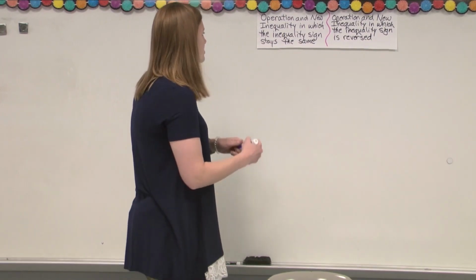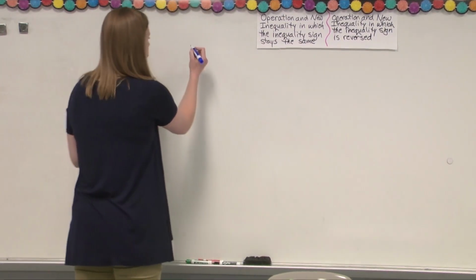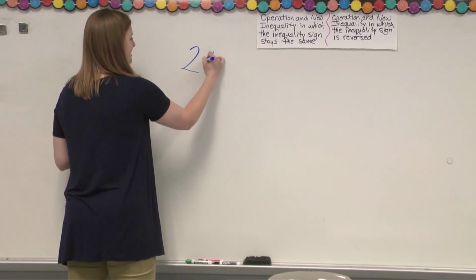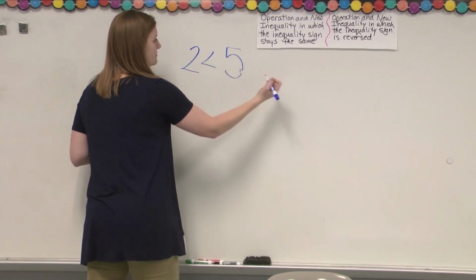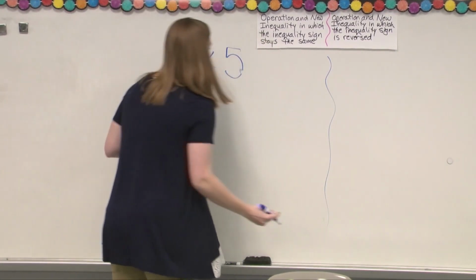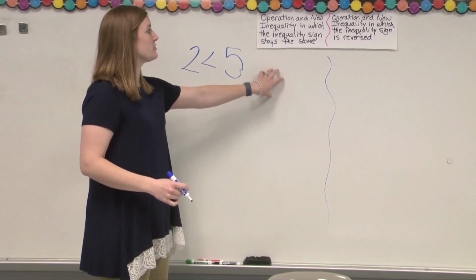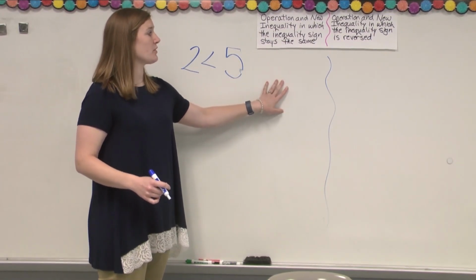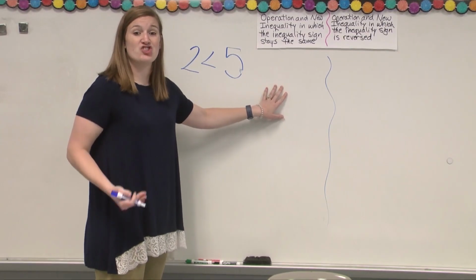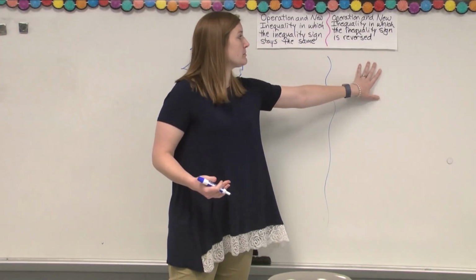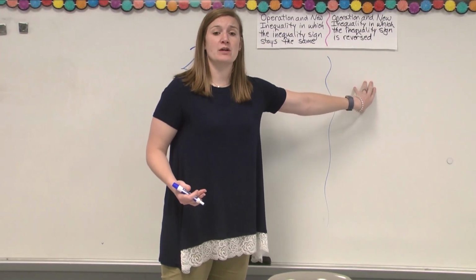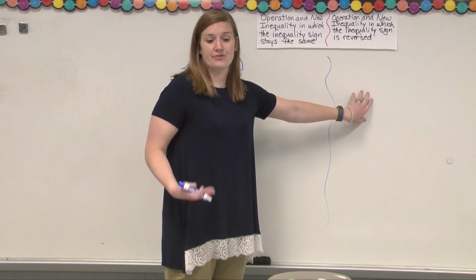So we're going to start out with the inequality 2 is less than 5. In this place, we're going to be doing an operation and a new inequality where the inequality sign doesn't change. Here, we're going to be doing an operation and a new inequality where the sign is reversed.